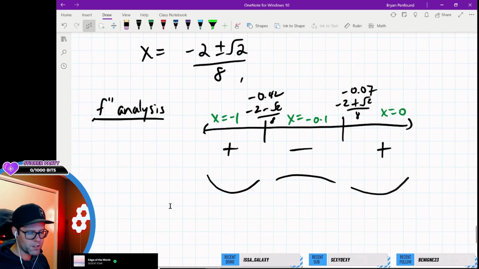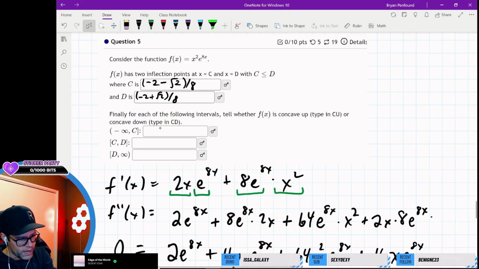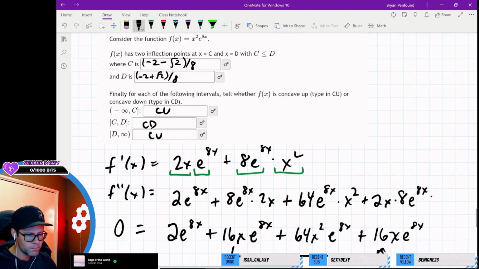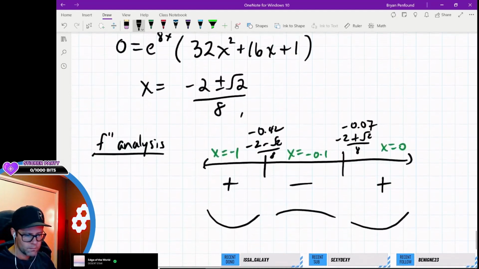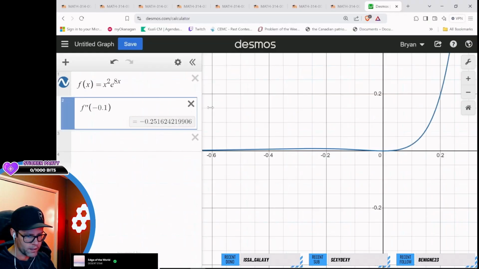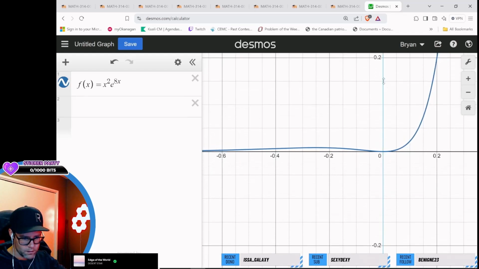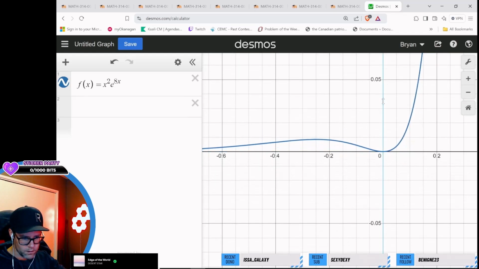And so that's going to help us finish off this particular question. So we are concave up, concave down, and then concave up again. Boom. Yeah, what a weird looking function. Holy moly, look at that thing.